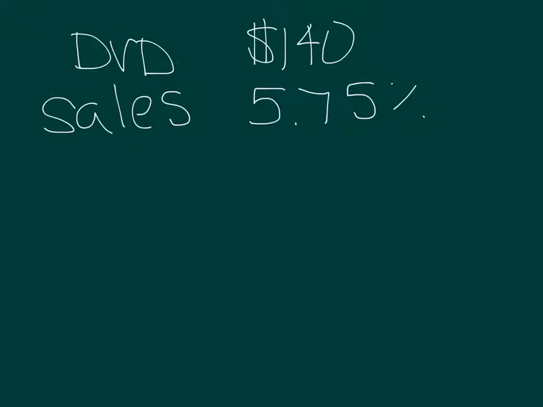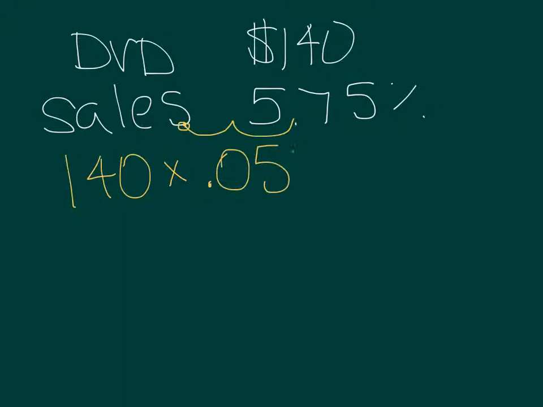The first way, you can multiply the $140 times 5.75 as a decimal, so 0.0575, which will give you $8.05. But $8.05 is not what you're paying. This is actually the tax.